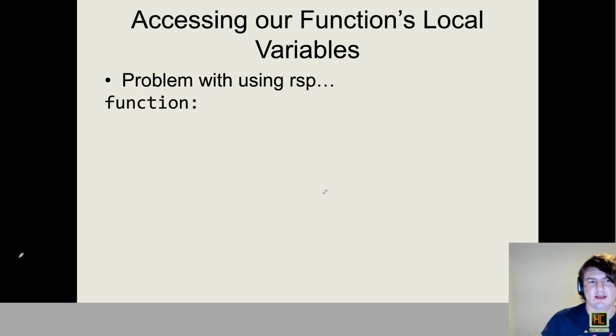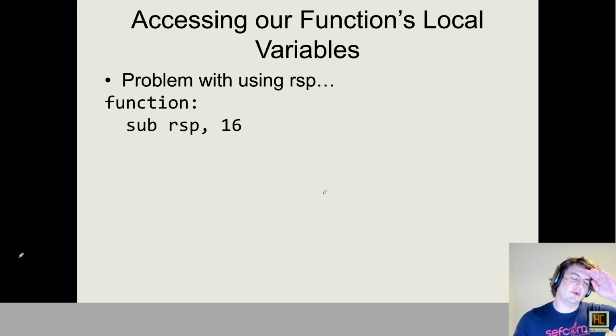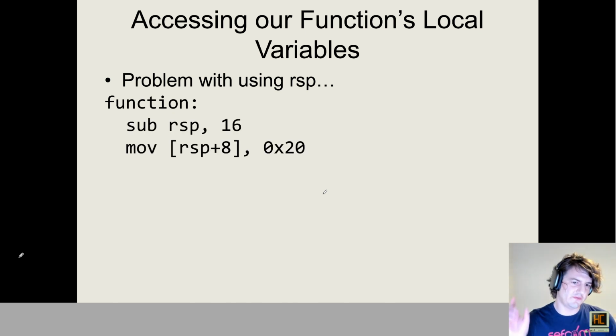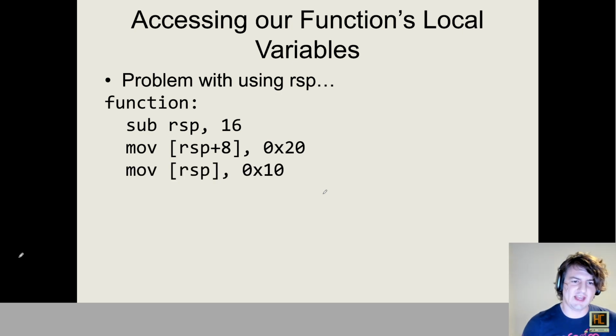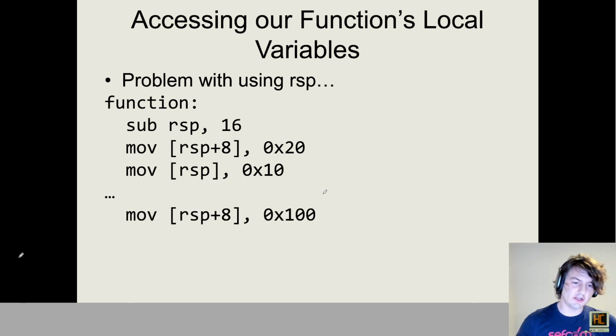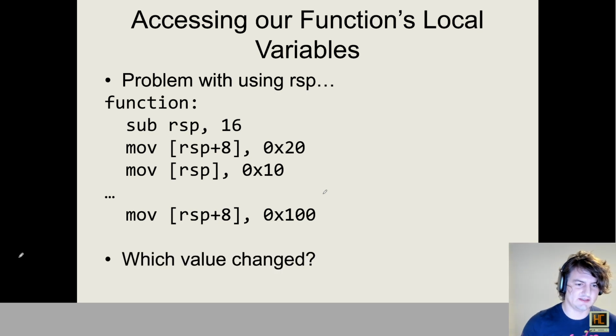So let's use the stack pointer. Just like before, we subtract 16 bytes. We then move hex 20 into RSP plus 8, and we move 10 into RSP. So this was bar and this was foo. Some other stuff happens, and then later on in the function, we move 100 into RSP plus 8.